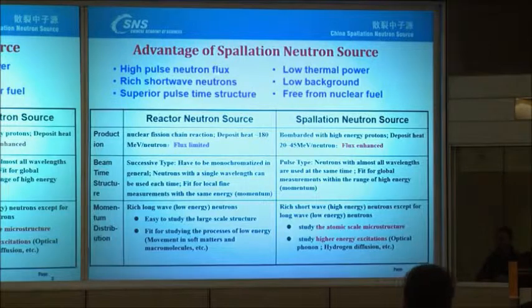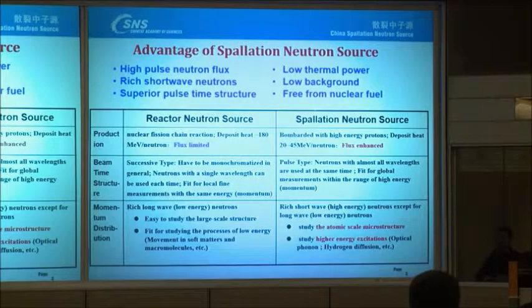However, if we want to study many processes, we need the pulsed neutron. And the spallation neutron source provides much higher pulsed neutron flux. Also, a rich short-wavelength neutron spectrum, a very good pulse time structure, very low thermal power, and very low background.